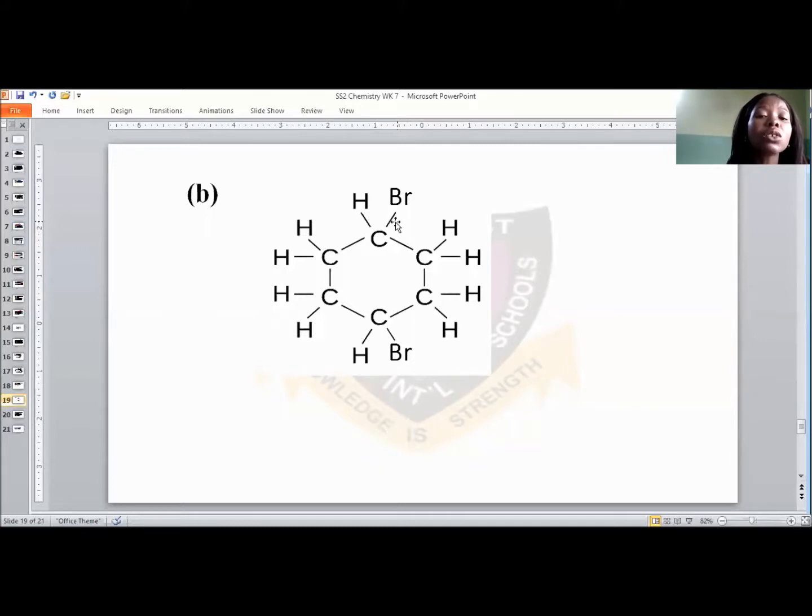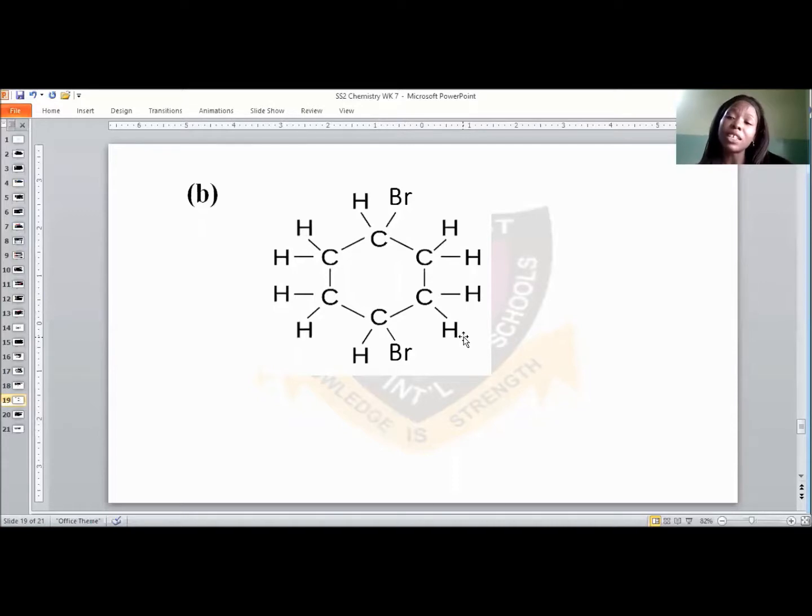Since this is 1, this is 2, 3, 4. So on carbon 4, you put the other bromine. So you complete the chain by completing the hydrogen. On this carbon, I have 1, 2, 3 for bromine, then this makes it 4. So on this carbon, I have 1, 2, 3, 4. So complete them with hydrogen, and the rest of them like that. You complete them for each of them.